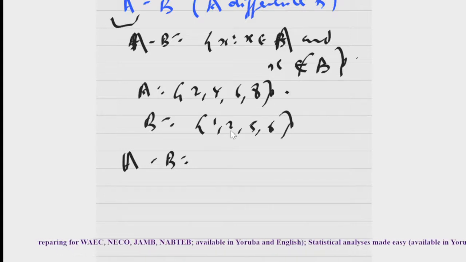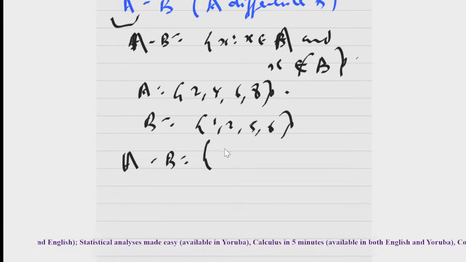Don't mistake it as the complement. 2 is here. Check if it is in B. It is there, so you don't write it. 4 is here. Is it in B? No. You write it. 6 is here. Is it in B? Yes. You don't write it. 8 is here. Is it in B? No. You write it.